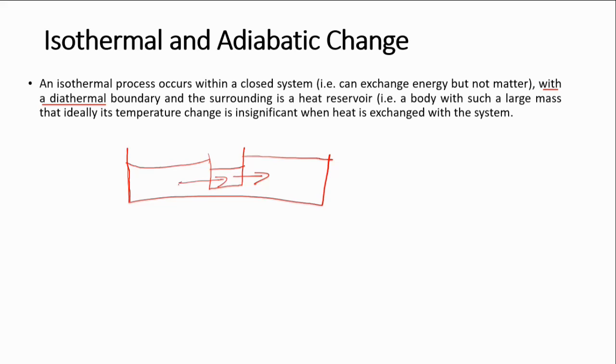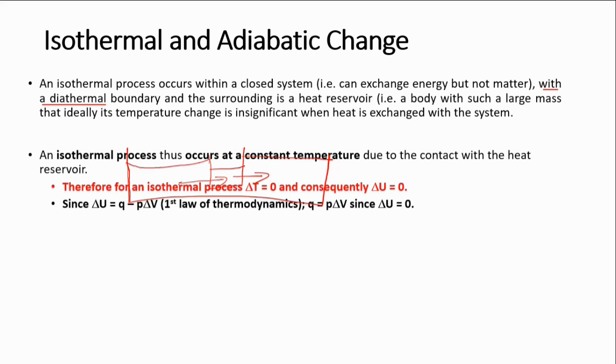So the boundaries of your system would have to be diathermal, allowing heat to move in both directions in order for the isothermal condition to be met.